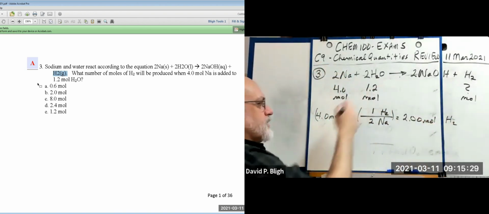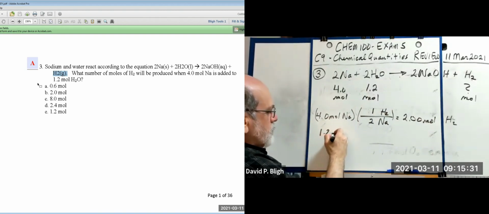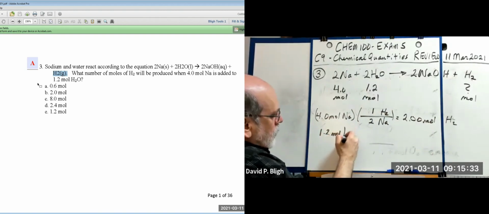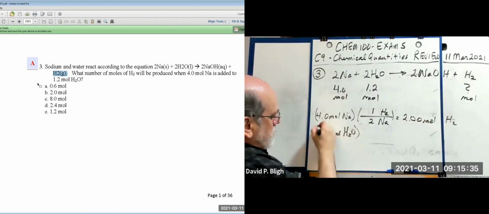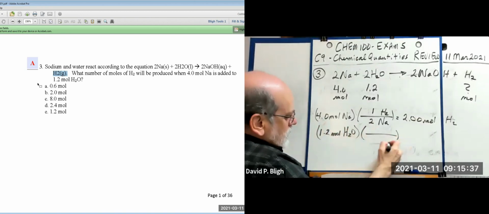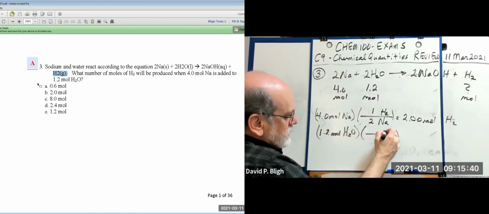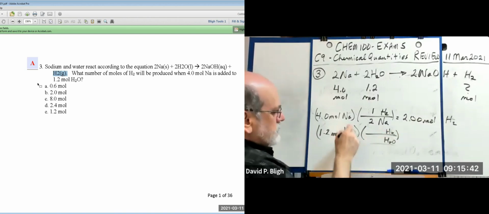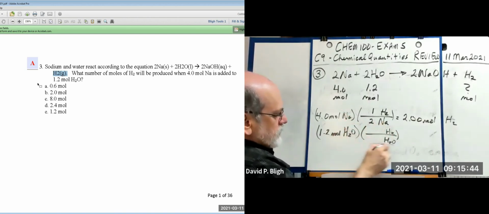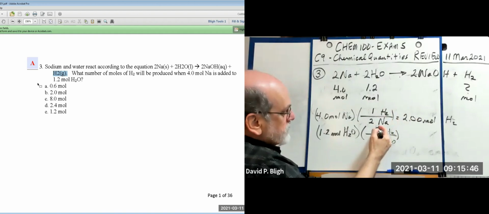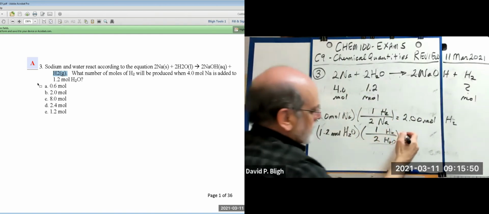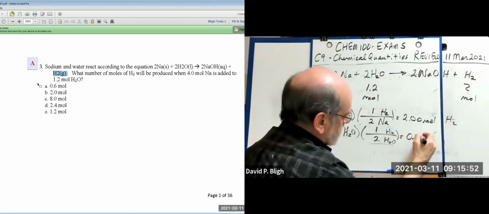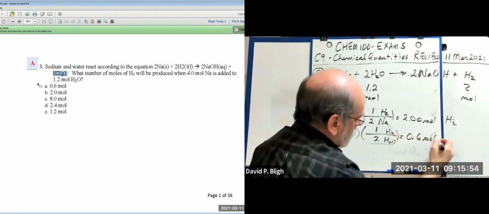Then we go back and do it with this one. 1.2 moles of water. Now we have water that has to be canceled to leave us with hydrogen. Right? This canceled before, now this one cancels. So 1 hydrogen and 2 waters again. This is 0.6 moles of hydrogen.